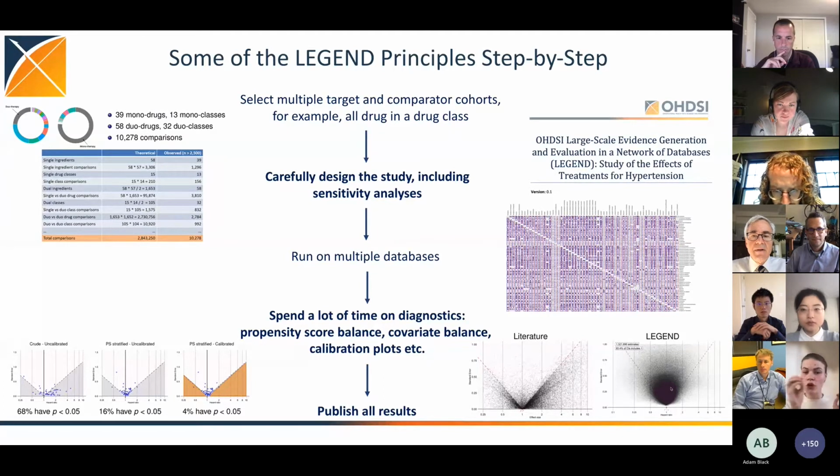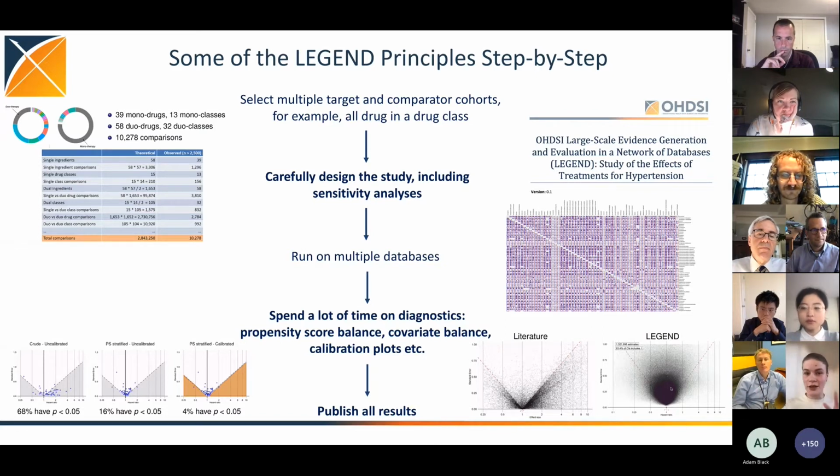Also at this stage, you can leverage the OHDSI tools such as cohort diagnostics to make sure that you'll be pursuing the question and using cohorts that are really comparable, and that you really account for all of these small details that make or break your study.